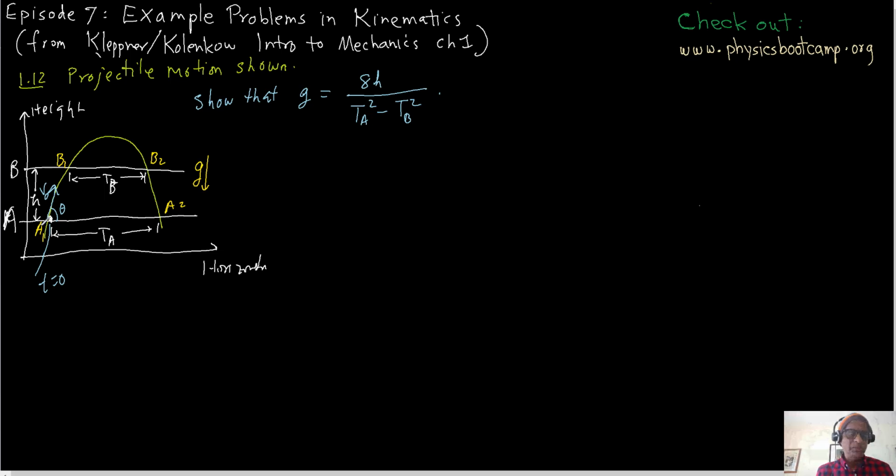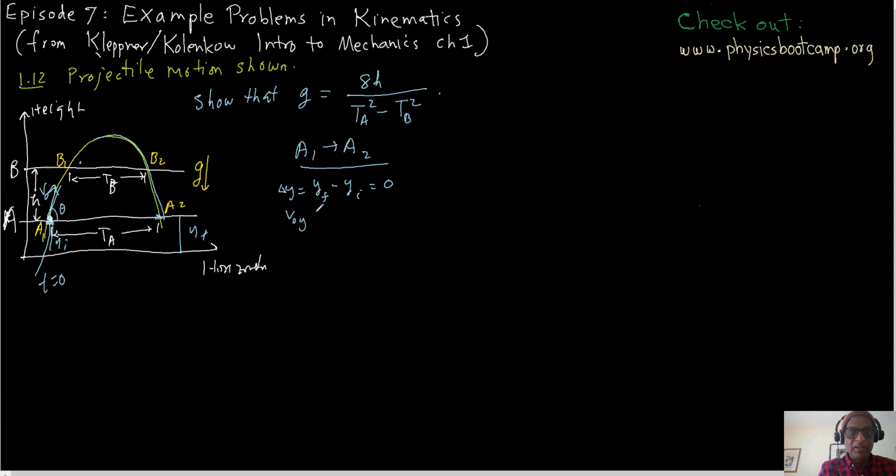All right, so let's do it out. If you go from the same height to the same height, let's look at A1 to A2, this whole deal, the y final minus y initial, this is the y final and this is the y initial, is equal to 0, so delta y equals 0.